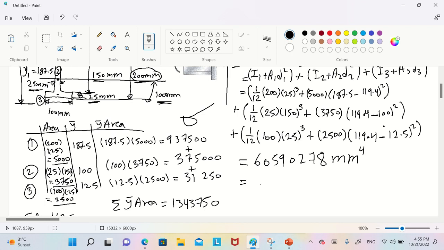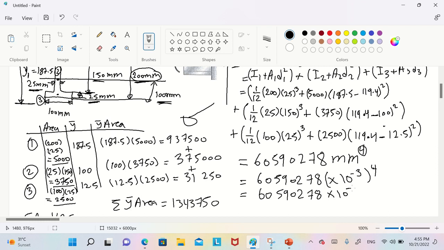So to change it to meter, it will be 6059097.8 times 10 minus 3 all to power 4, because millimeter power 4. So you need to change it, 6059097.8 times 10 power minus 12.